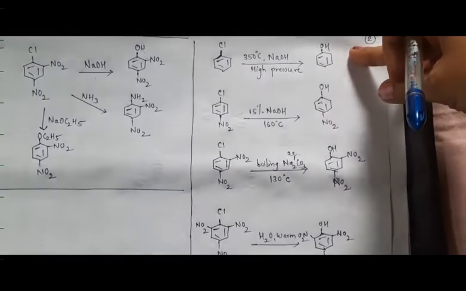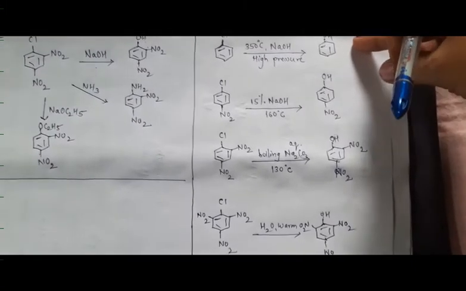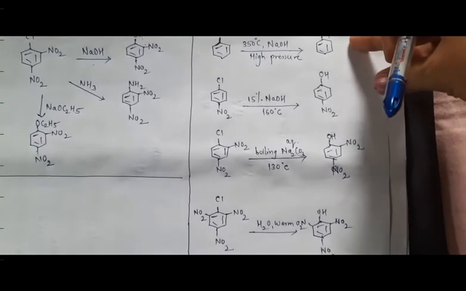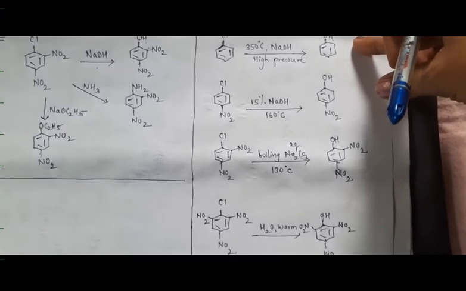So definitely our next point which we are going to highlight is which all such electron withdrawing groups make this reaction favorable when they are present on your aryl halide, first point.